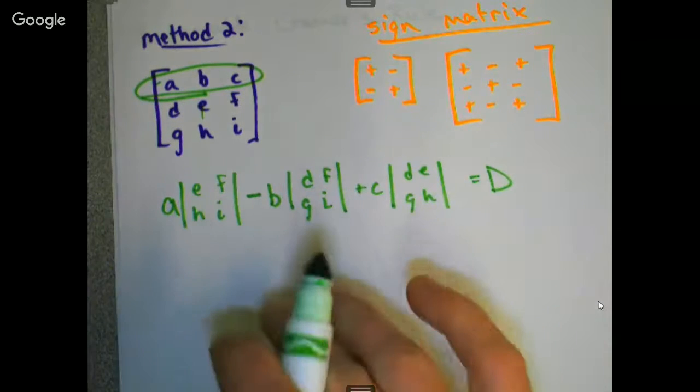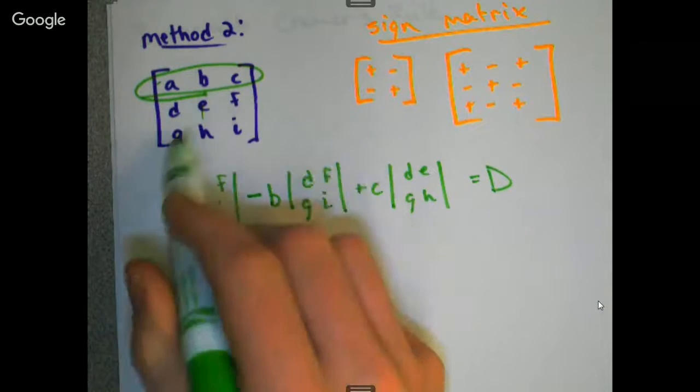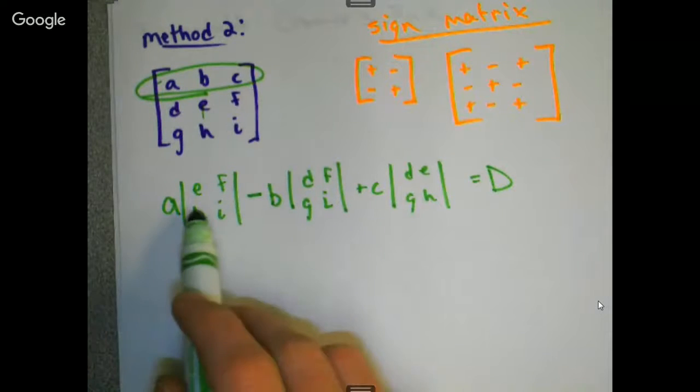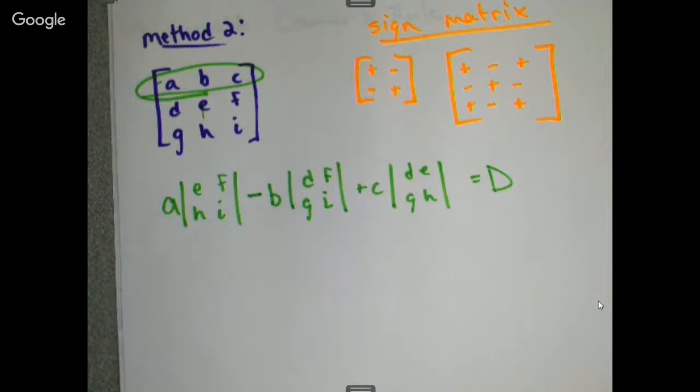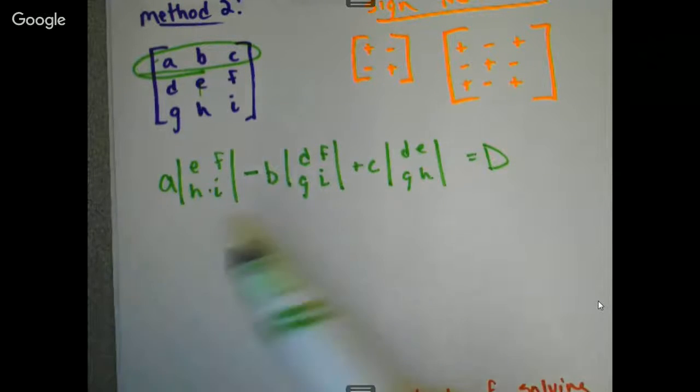Now, this method's really nice if I have a bunch of zeros in here, because I can expand upon any row or any column into these 2 by 2 determinants. Okay, so this one is nice. We'll actually use both methods throughout.